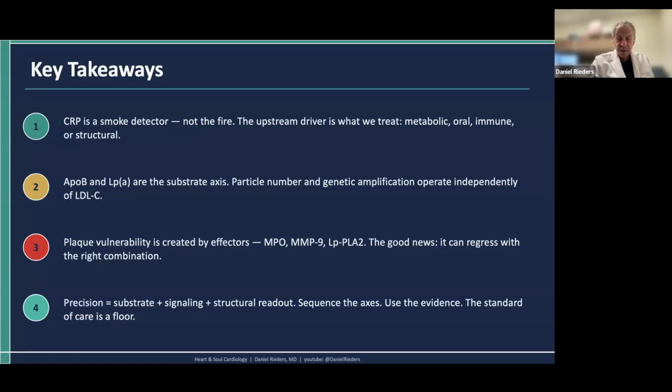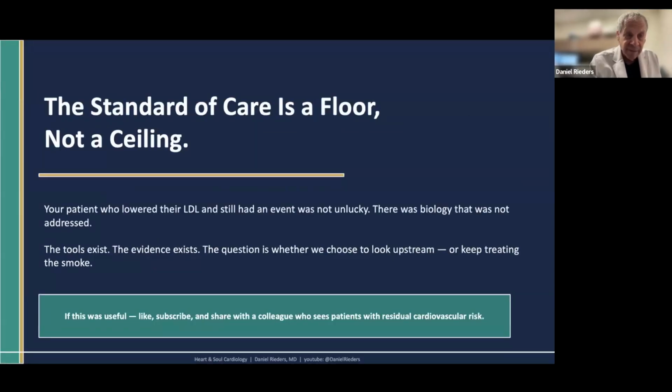So that's why ordering an ApoB and hsCRP would be very minimal things that would need to be done. So it's just not an unlucky patient. We have tools.